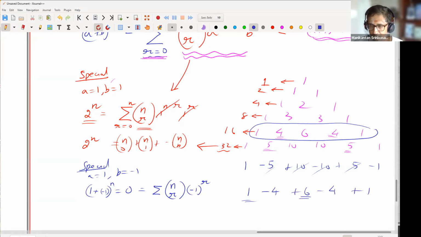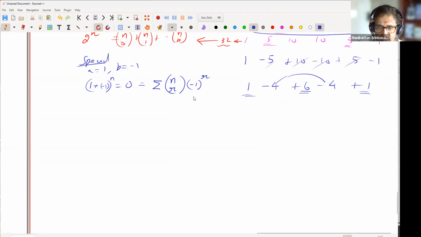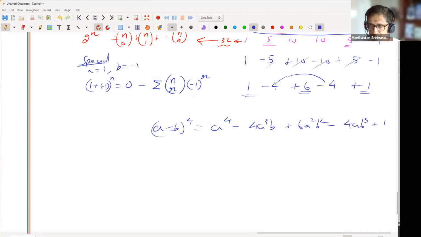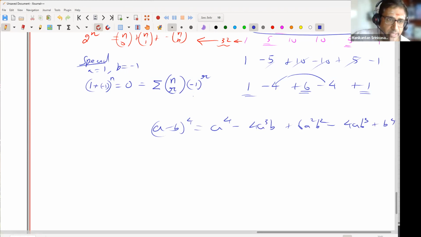The 6, 1, and 1 cancel off with the minus 4 and the minus 4. Either way, depending on whether n is odd or even, which is why we see these expansions. When you have a minus b whole power 4, it's exactly this: a power 4 minus 4a cube b plus 6a square b square minus 4ab cube plus b power 4. You can see the coefficients adding up to 0.